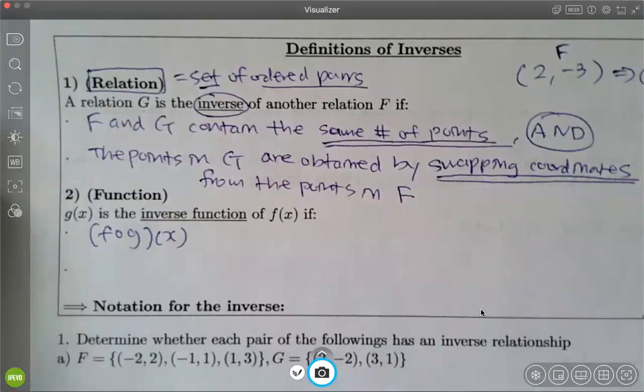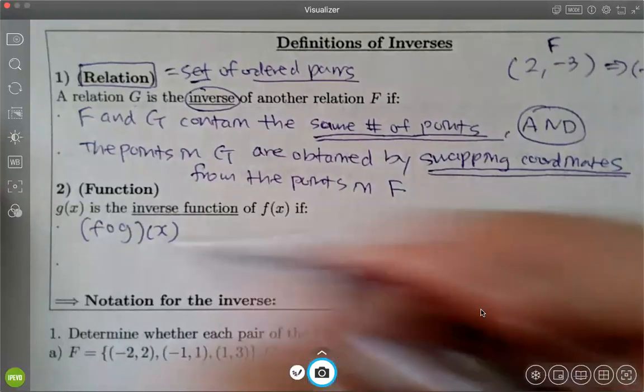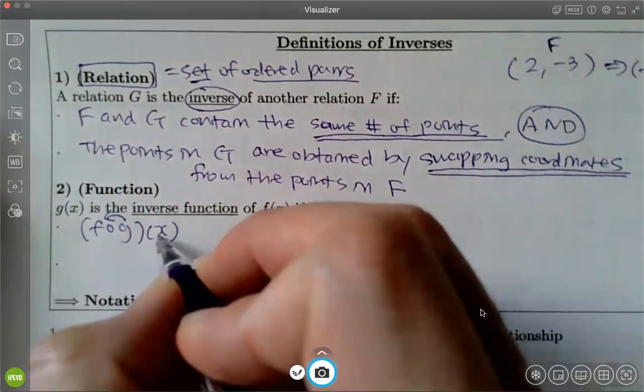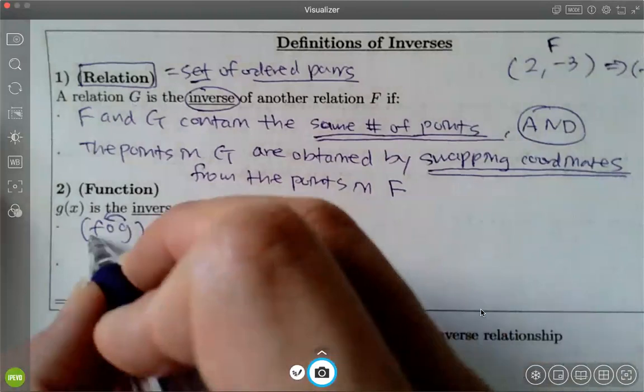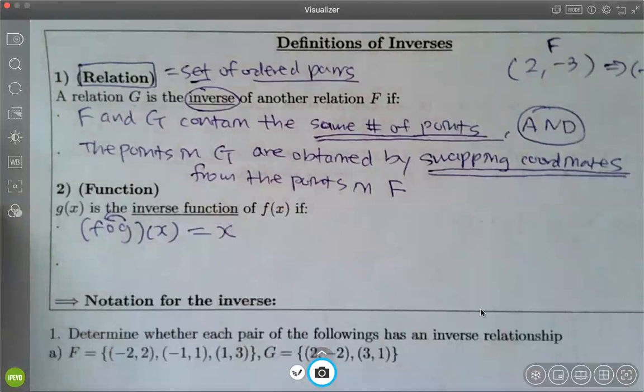Or 2 minutes ago, I guess. So what does that mean? We plug G into F. This means we plug in whatever X is into G and then F, but that is the same thing as X at the end. So where you start is where you end.